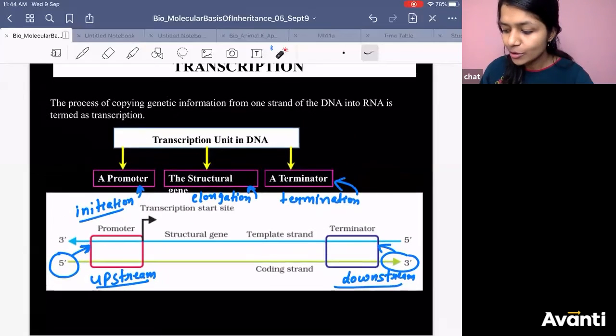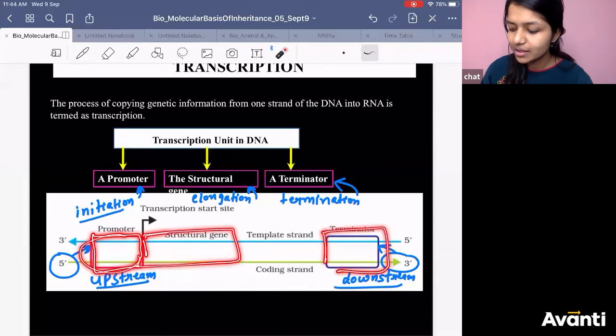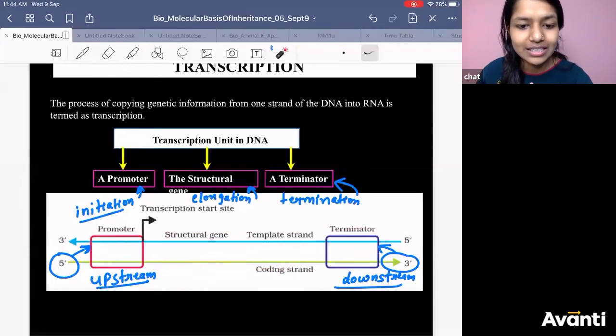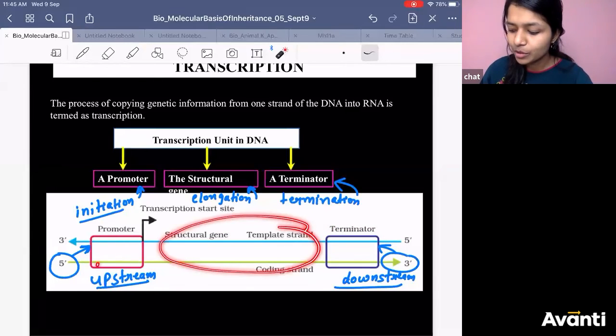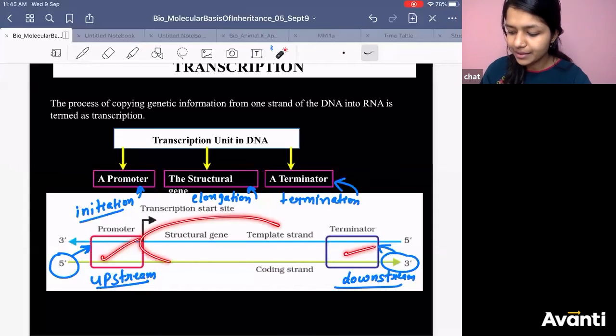So now you can see the promoter is here, the structural gene is here and the terminator is here. The structural gene is present between the promoter and terminator.